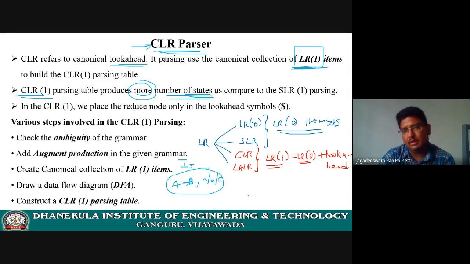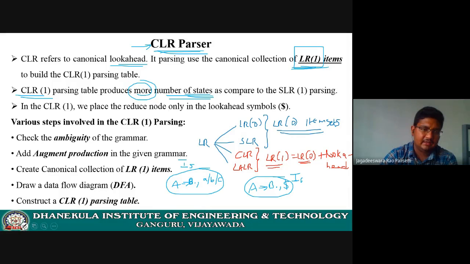Similarly, we have one more production rule, the same thing: A → B·B, with lookahead dollar. This production rule may be in some other state like I6. If you observe here, the entire production is the same, but the lookaheads are different.